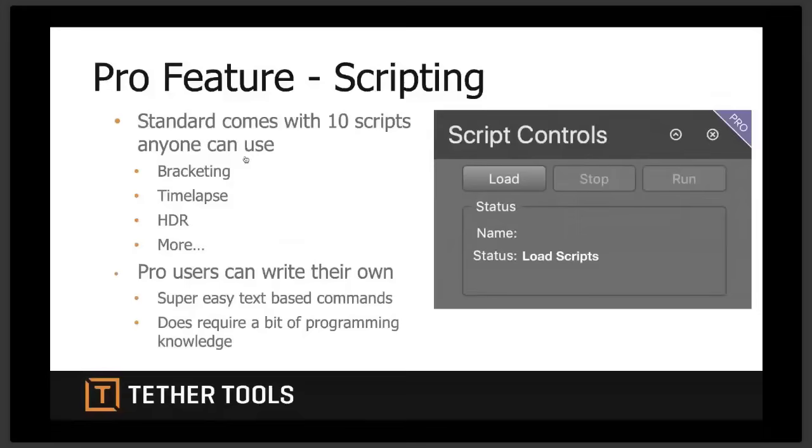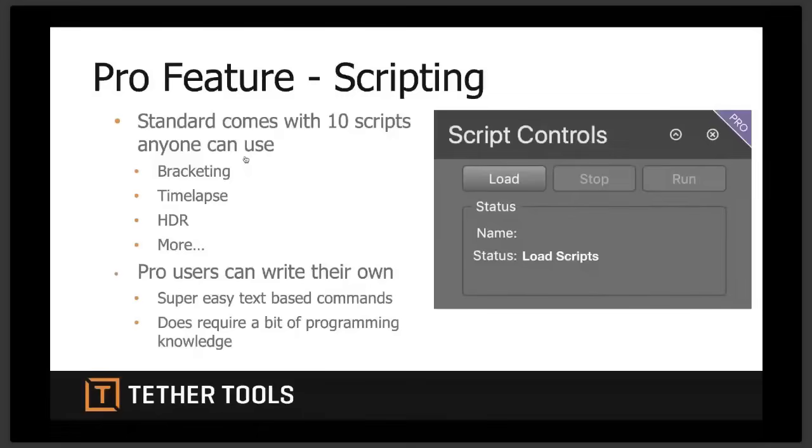Now, if you're the type like me that is into programming and writing commands, then the pro feature allows you to actually write your own scripts or edit the existing scripts and re-upload them. So it's super easy text-based commands. We have documentation on how they work, but it's basically like shoot camera, and that would be one command, or wait 10 seconds, change a certain setting, shoot again.